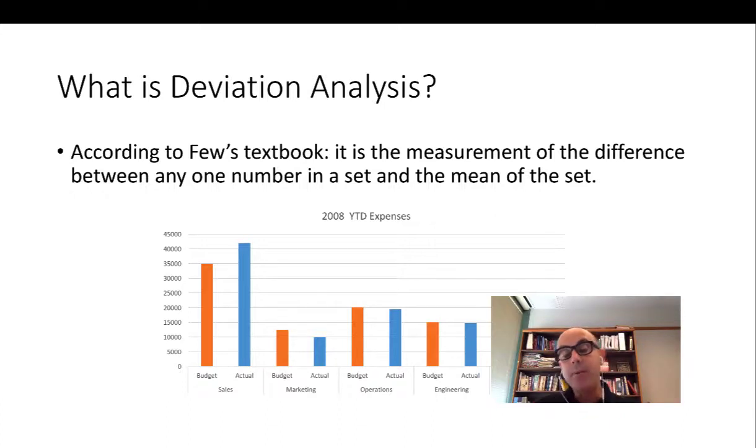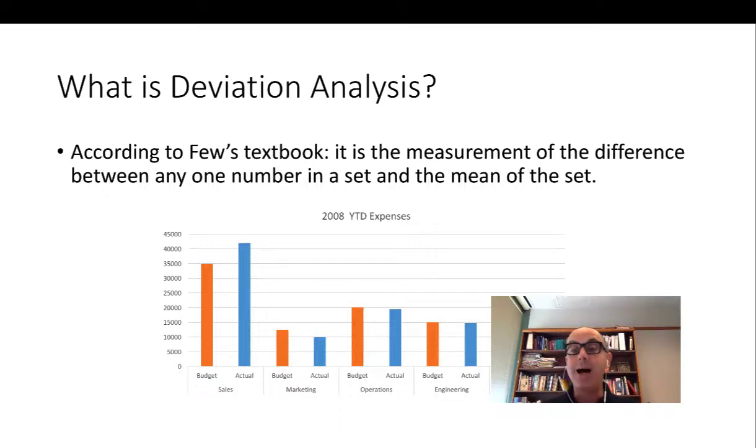Basically the majority of companies have subdivisions with those titles: the sales department, the marketing department, the operation department, the engineering department, and the finance department.